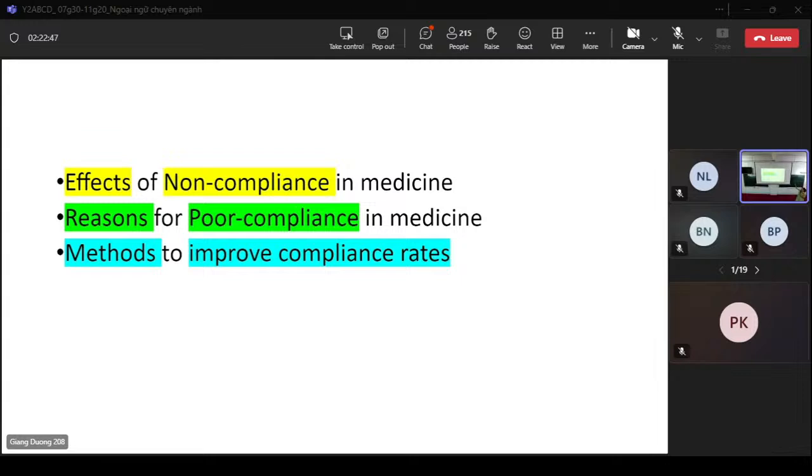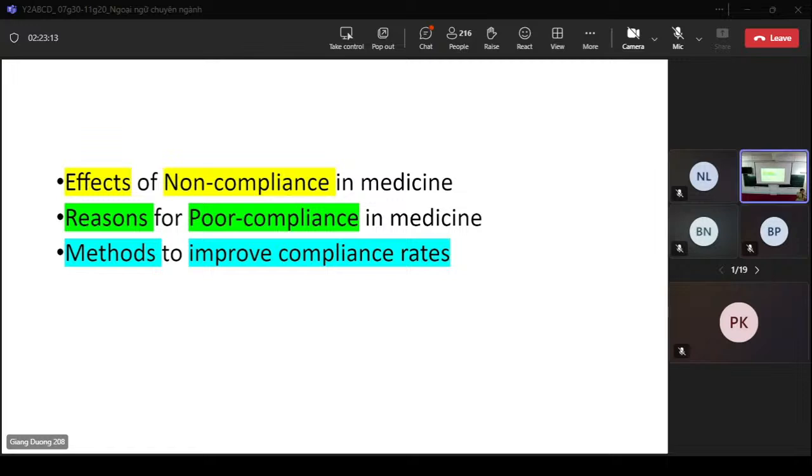Now you have 5 minutes to think of the effects of non-compliance in medicine. You give me 5 days of antibiotics, and I think that, hey, I don't think I need to use the antibiotic. I remove the antibiotic tablet out of the dose.